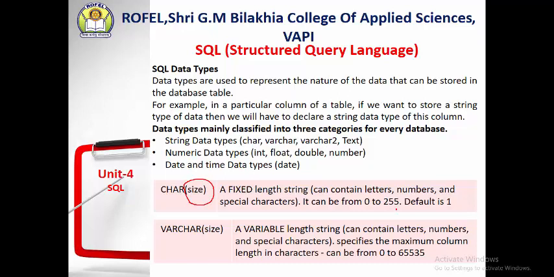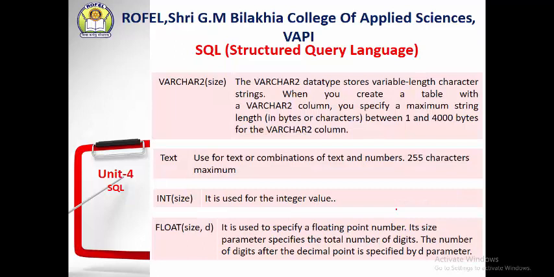Varchar is a variable length and it also contains alphabets, numbers and special characters. But the length it contains is from 0 to 65,535. It is more than character. Character and varchar are both different. So that's why varchar contains 0 to 65,535 characters.